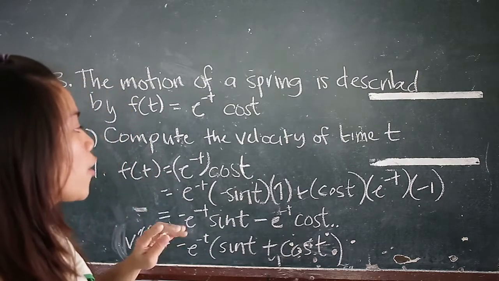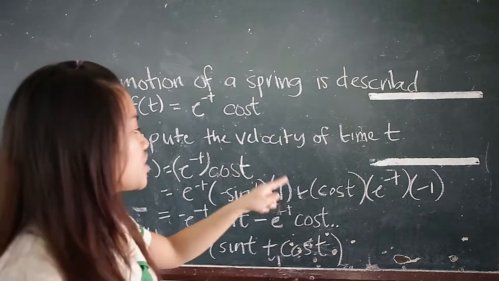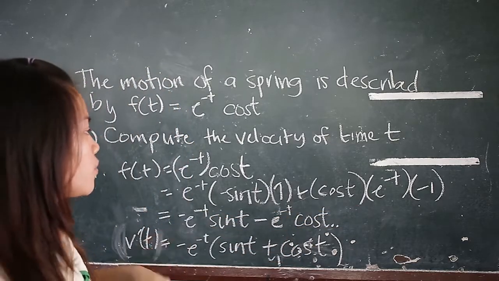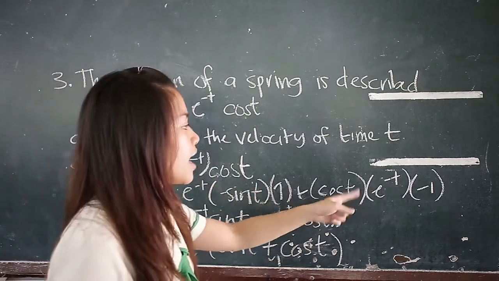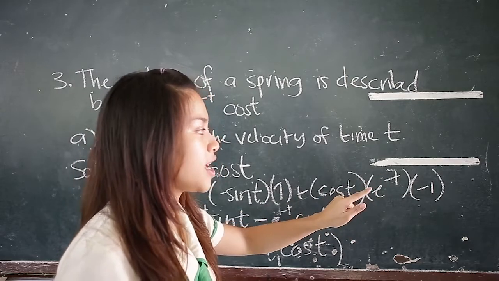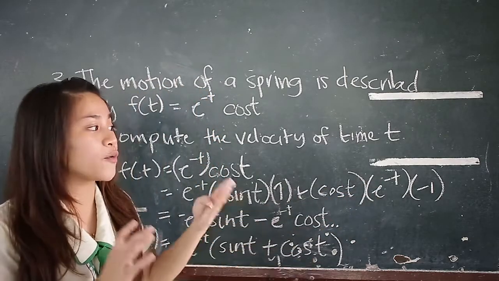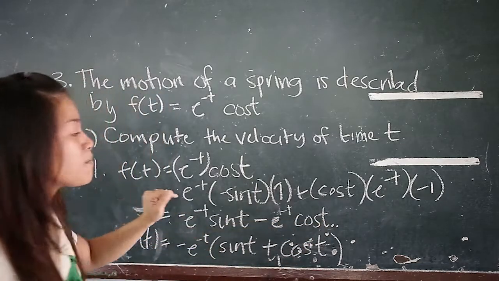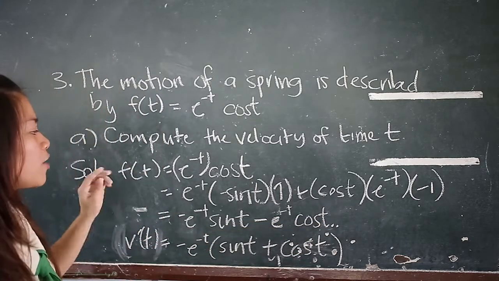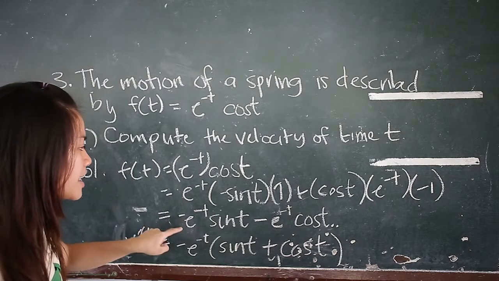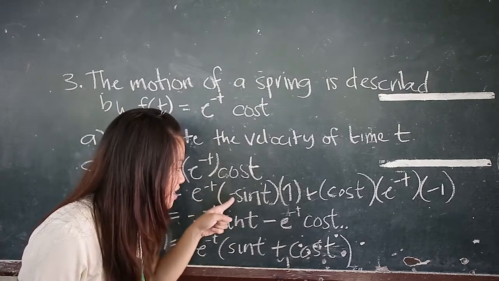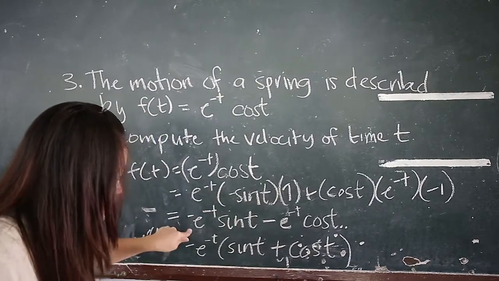Plus, we are going to copy v, which is cosine t, times the derivative of u, which is e raised to the power of negative t, and the derivative of e raised to the power of negative t is negative 1. So we are going to simplify all those, and we are going to have negative e, since we are going to isolate the negative sign and place it first.